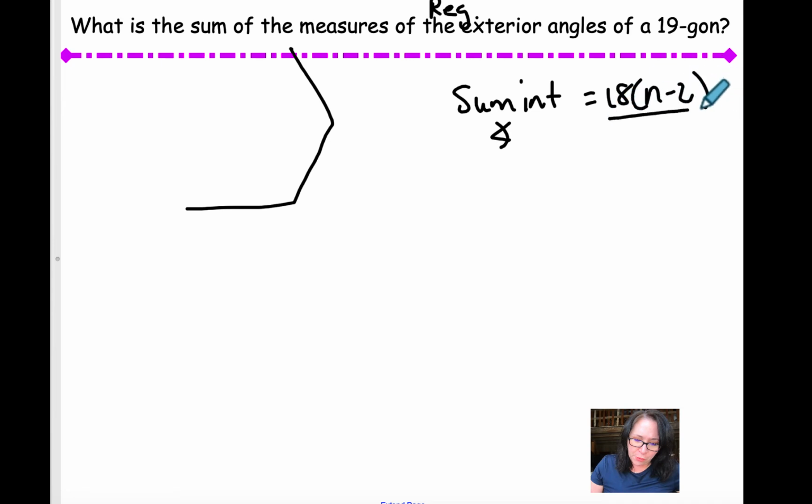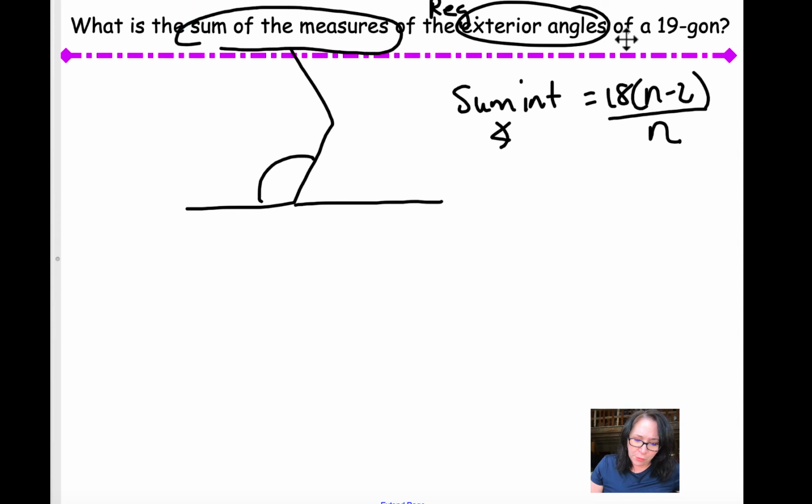I'd find one value by dividing by n, and that would give me an inside angle. And then to find one exterior angle, I would take that value and subtract from 180. But that's not what they're asking.